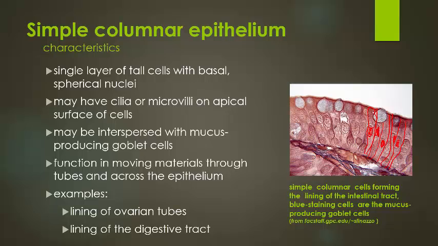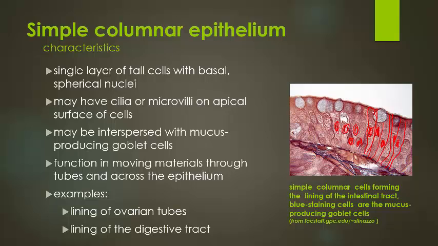So these are tall, taller than they are wide and deep, and they usually have a more basally located nucleus. It looks like the nuclei are kind of roughly spaced back and forth, up and down, up and down.